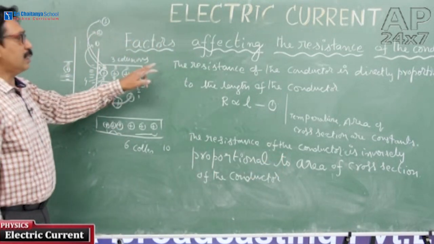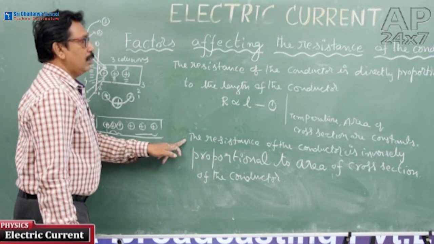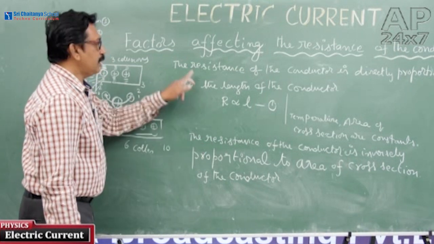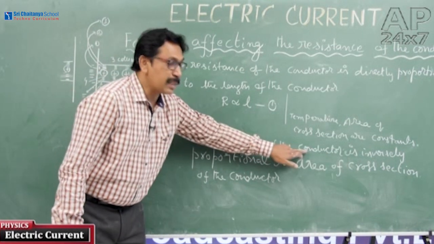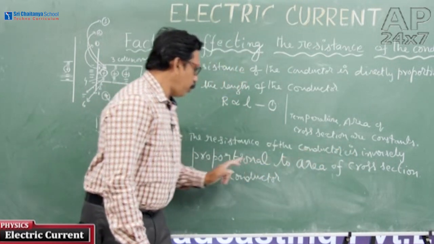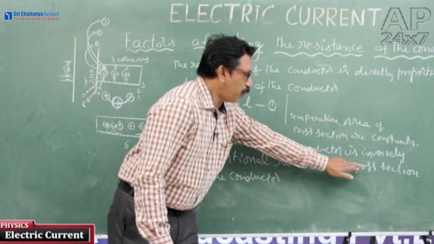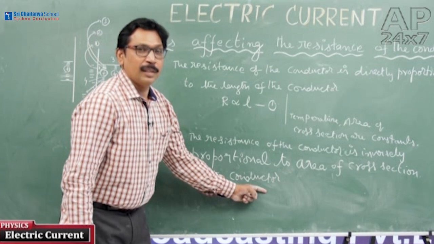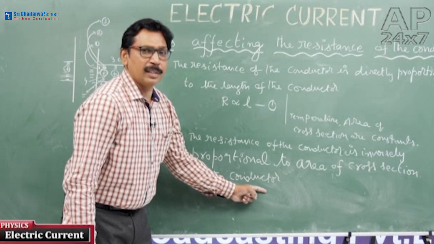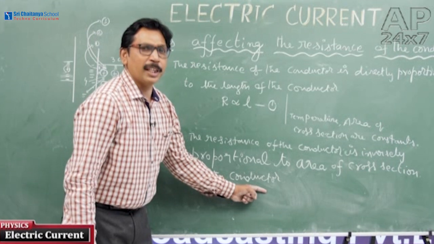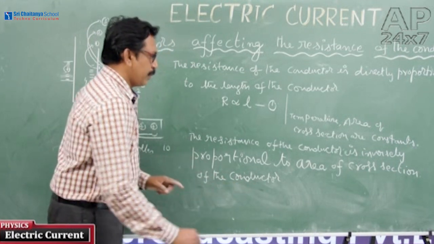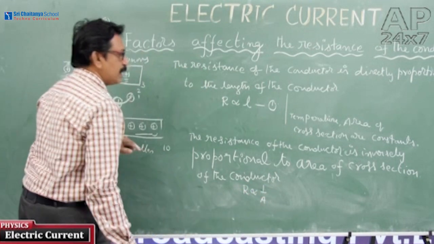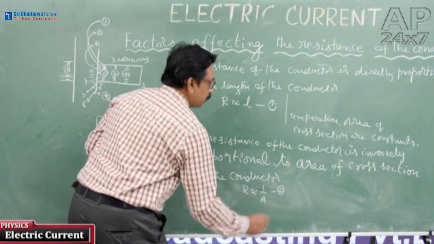This is statement number 2. We can call it the second law, and that means the earlier one is the first law. The resistance of the conductor is inversely proportional to area of cross section of the conductor. I can write this in the form of an equation, equation number 2.